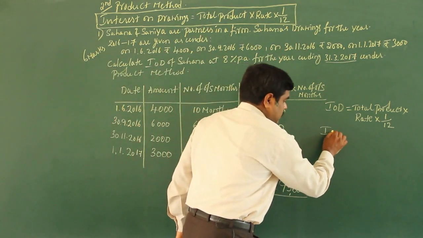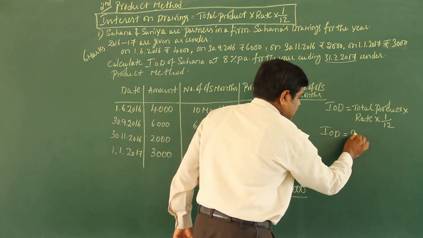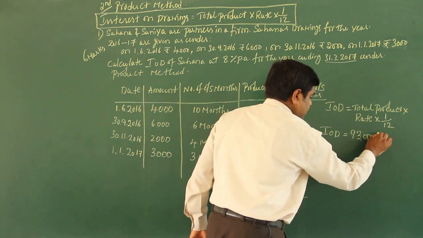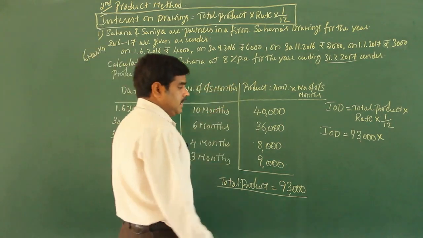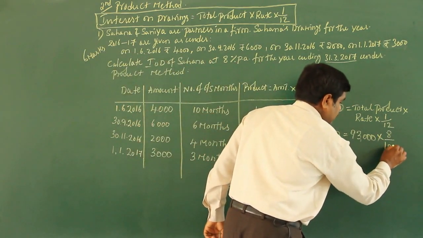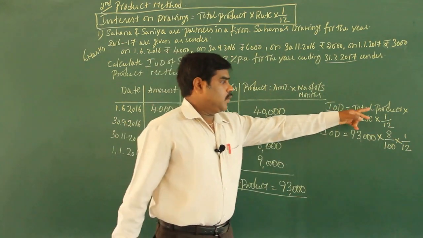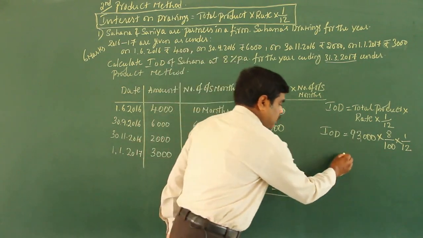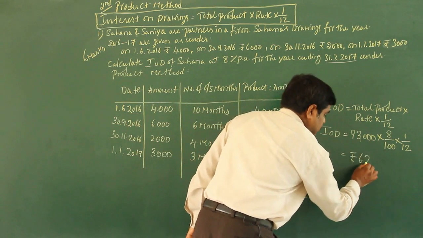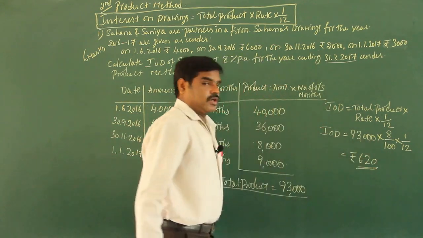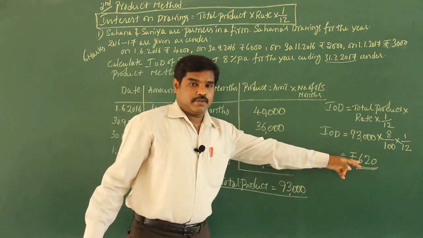So interest on drawings: the total product we calculated already is 93,000. The rate of interest given in the problem is 8%, 8/100, into 1/12. If you calculate, you're going to get the answer 620. So the interest on drawings of Sahana is 620. So the problem will go like this.